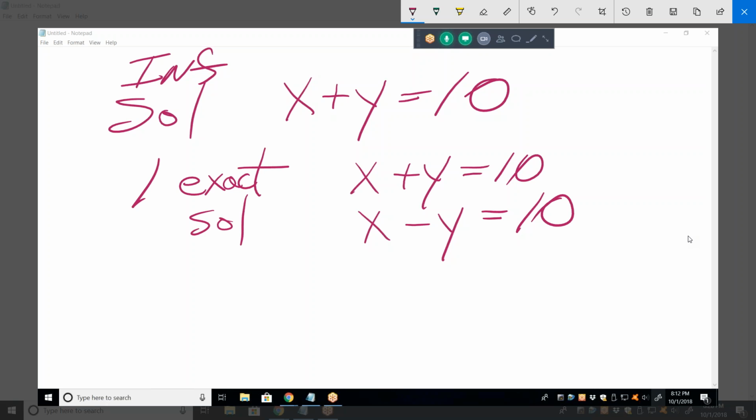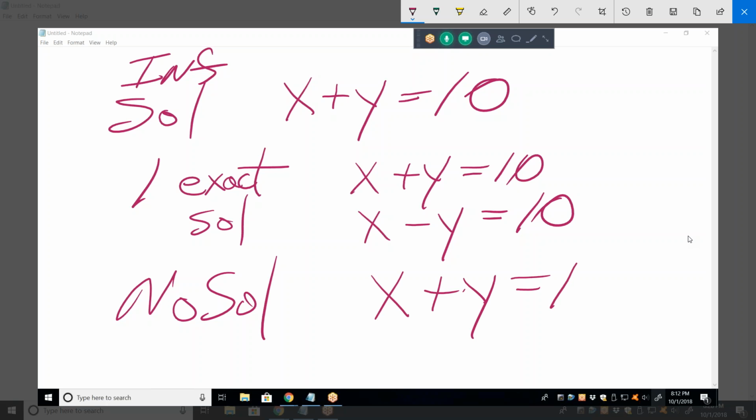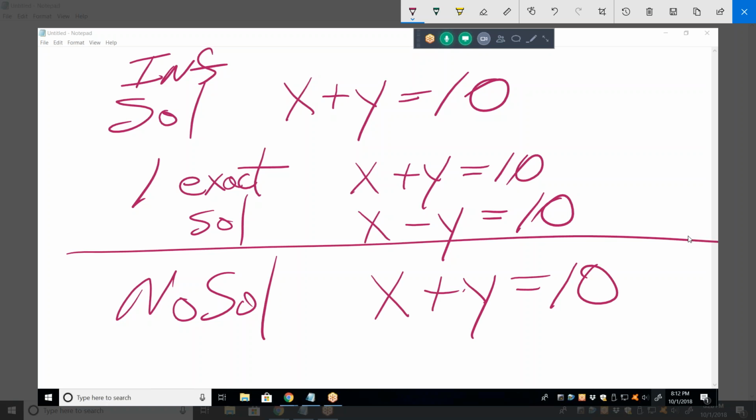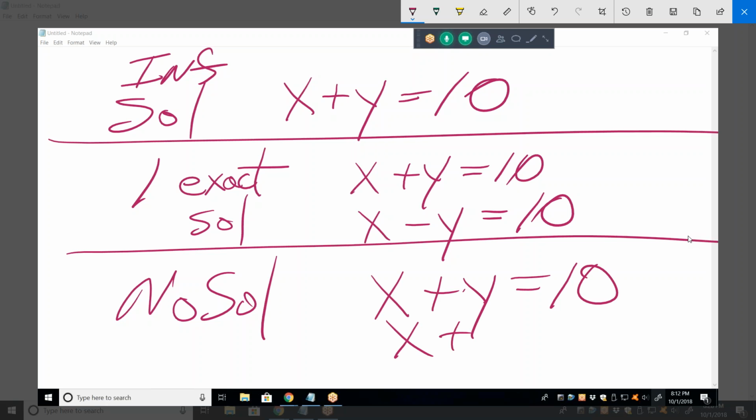And then there's no solution. It happens when the two equations contradict one another. Like this: x plus y cannot be equal to 10 and also equal to 9.